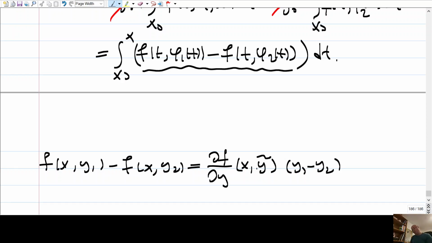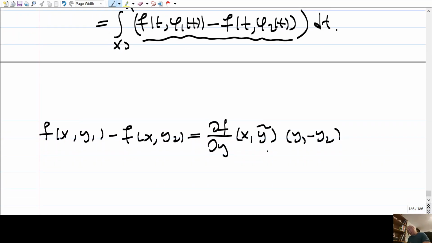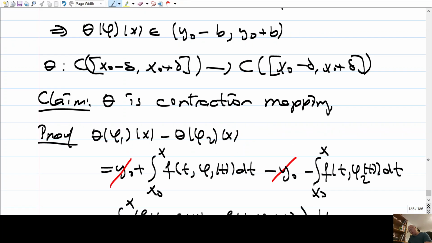But we know that for our function this derivative was less than, what was it?